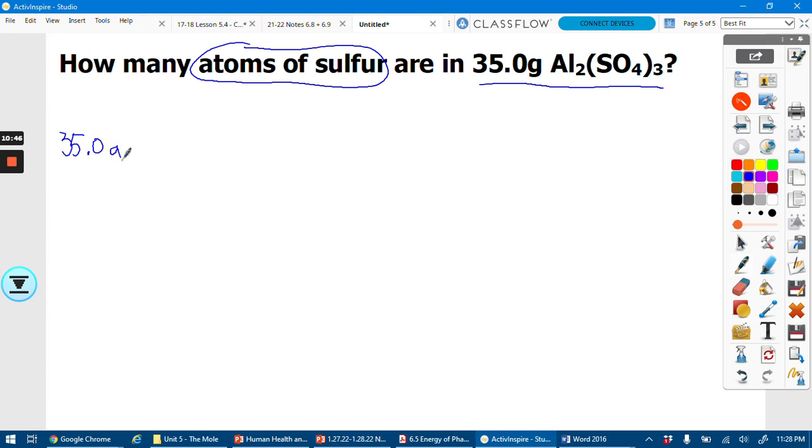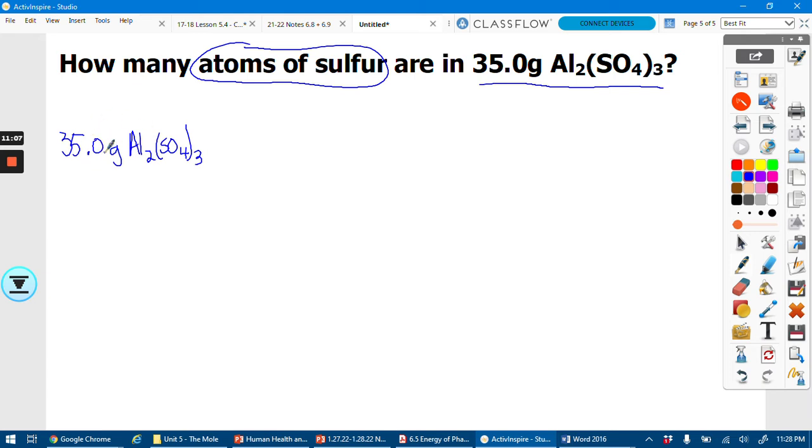So this is similar to the problems that we did in 5.2, where we were converting to particles and we had a compound, but we wanted a specific atom. So that's what this one has, that one extra step past the mole map.